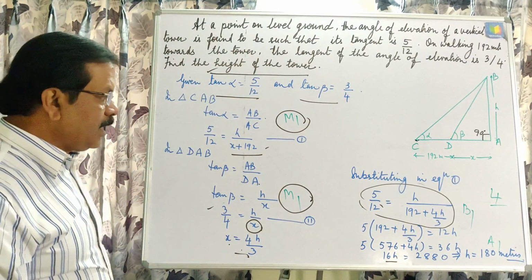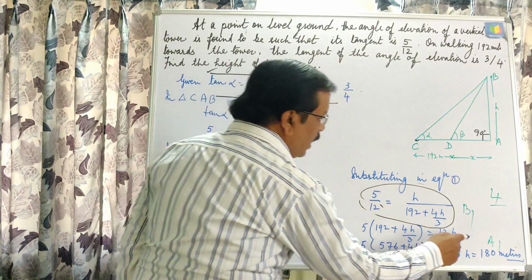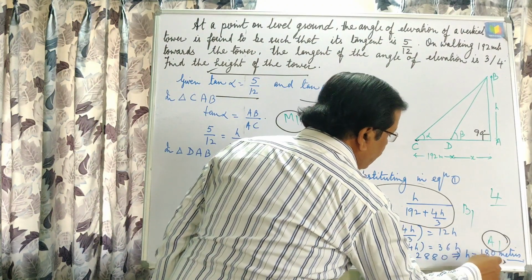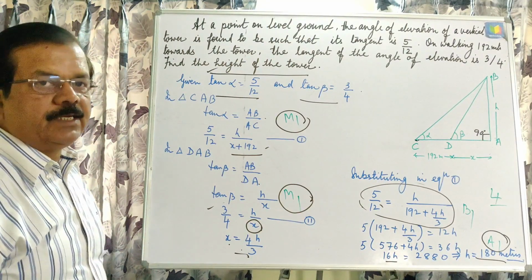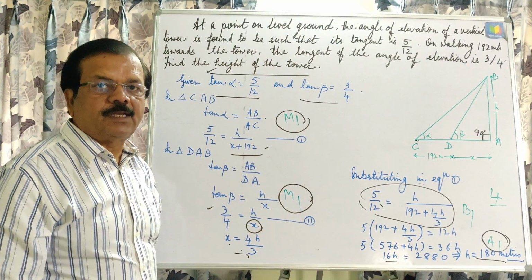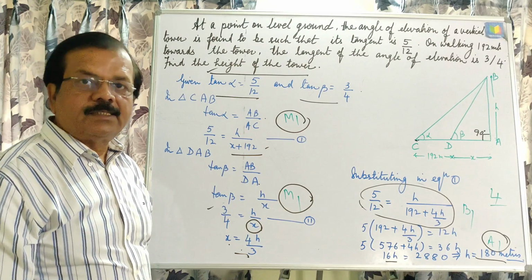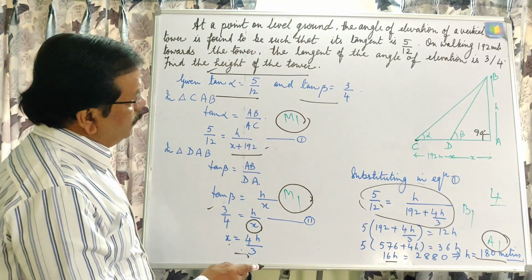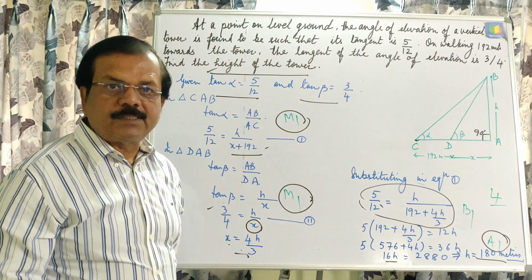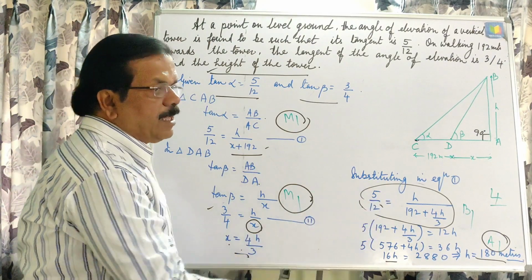These will be independent marks, and the answer mark will be given at the final answer. Now you can see this way the question carried 4 marks. This is a very important question and has been asked many times in CBSE and ICSE both. Now next question, and again you will see another type of figure.